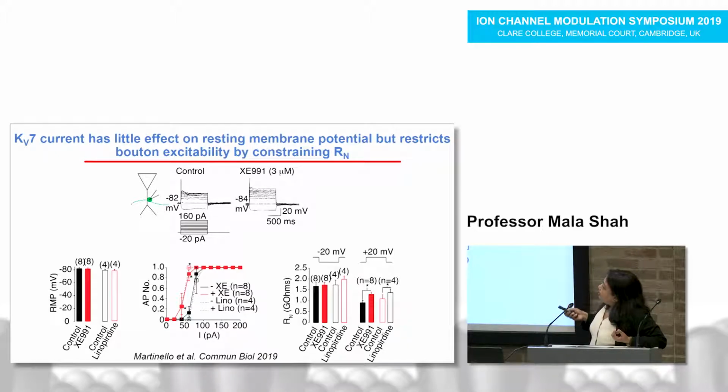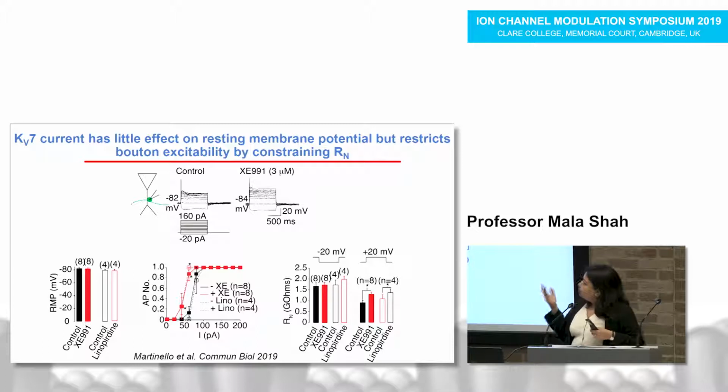But now in the presence of these Kv7 channel inhibitors, if you then put depolarizing steps, as shown here, you can see that you need less current to generate an action potential, so the probability of generating an action potential is enhanced. And also, with the depolarizing steps, the input resistance, so the amount of voltage recorded in response to a depolarizing step, is much greater.